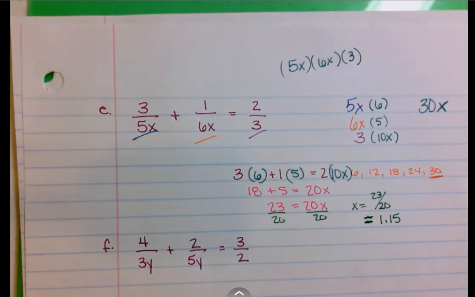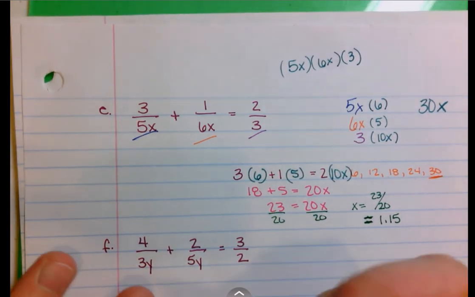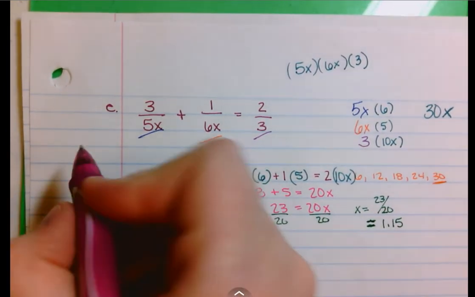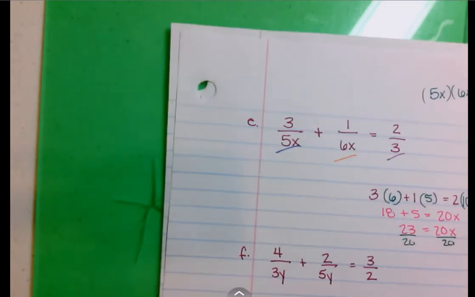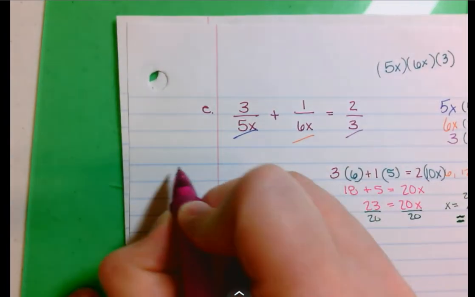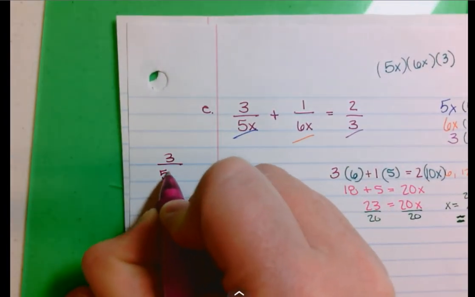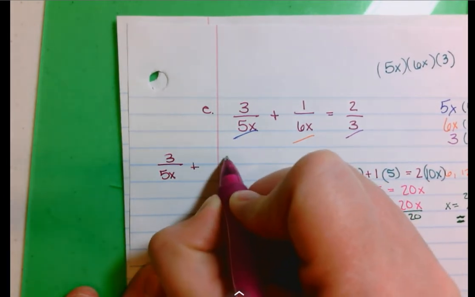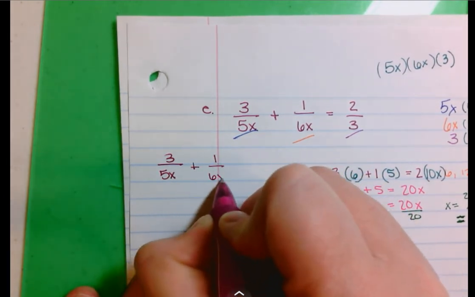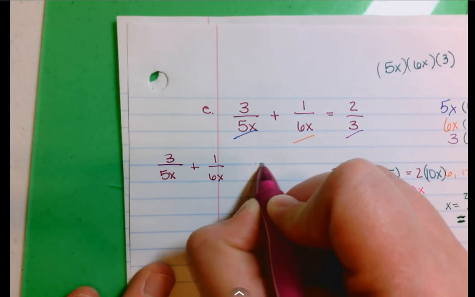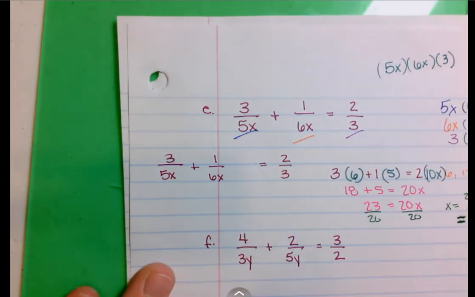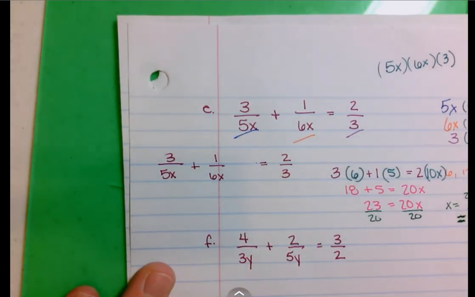Now, I'm going to do it the other way, because I do have some students that like that way, so I am going to show it. So, rewrite my fractions over here. So I have 3 over 5x plus 1 over 6x equals 2/3. And I'm giving myself some room so I can write things out.